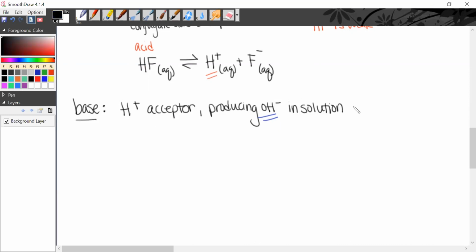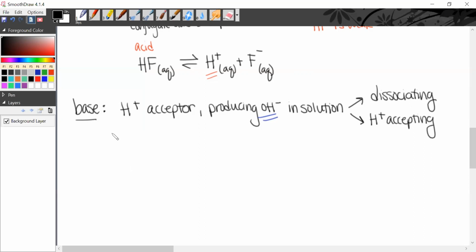It can do this in two different ways. It can do it by just having OH minus and dissociating. That's one way to get this OH minus. It just breaks apart and produces OH minus. The other way to get OH minus is from the H plus accepting. And we'll do two different examples showing each of those.